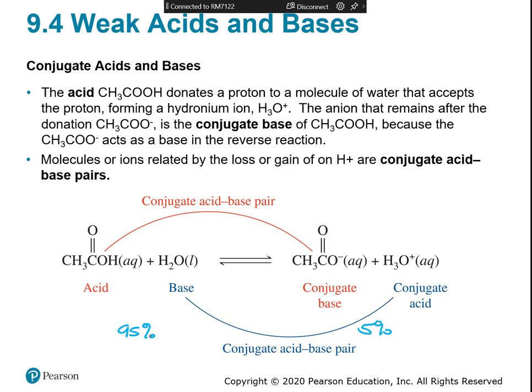They exist in equilibrium. So in the forward reaction, you can define what is the acid and the base. You've got to go back and remember that the acid is always the one that does what with its hydrogen ion? Does it gain or lose? Lose. So acids lose H+, bases are going to gain.